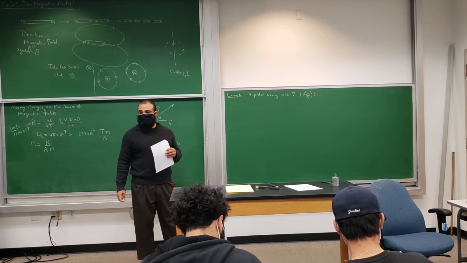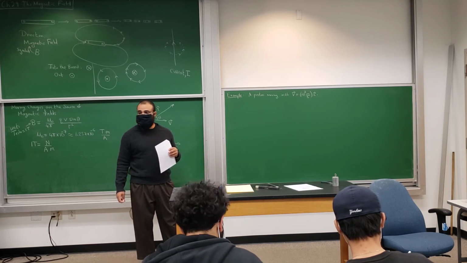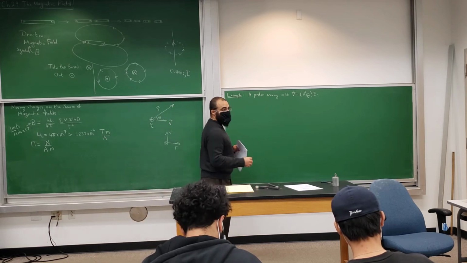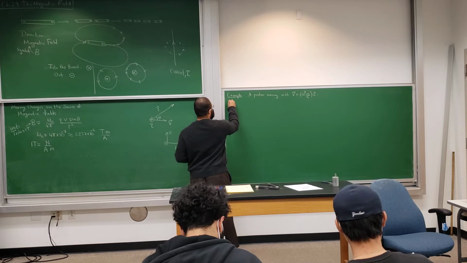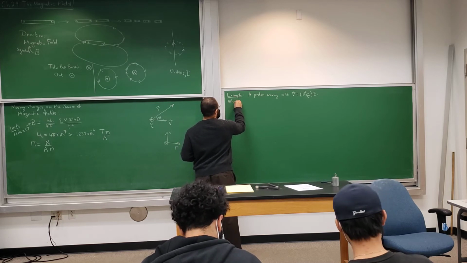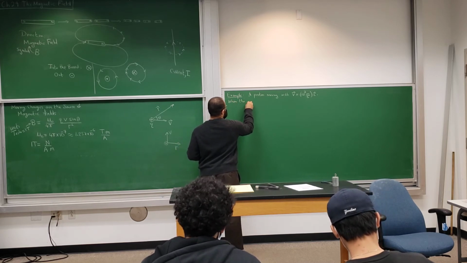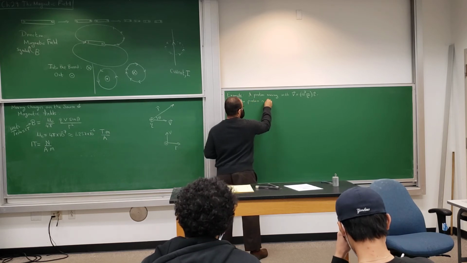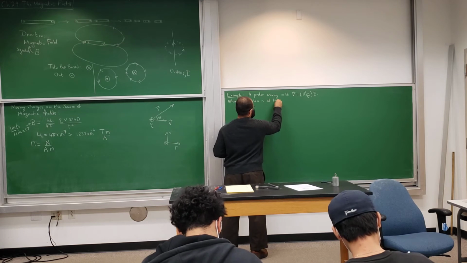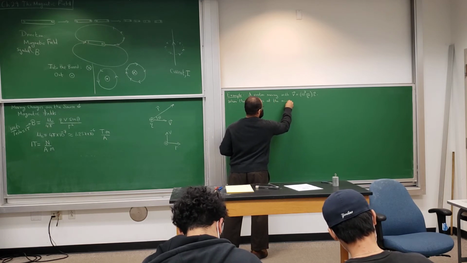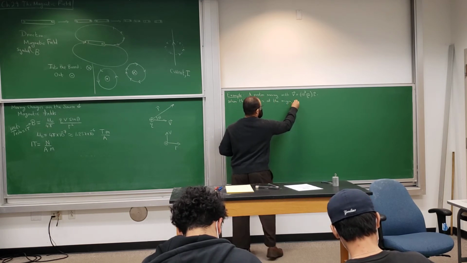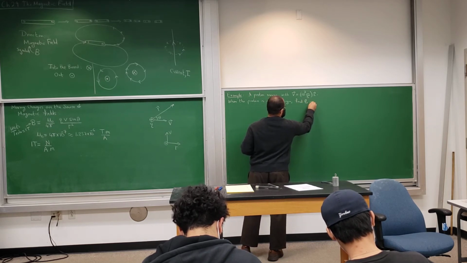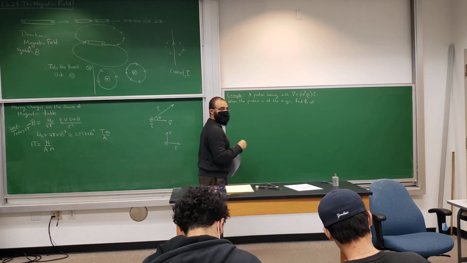The question is, what's the magnetic field at certain points? Suppose the proton is moving and it's at the origin. When the proton is at the origin, find the magnetic field at the following points.